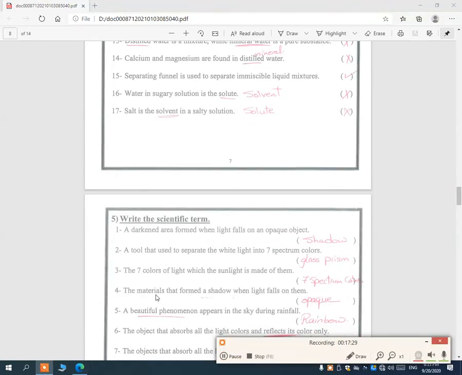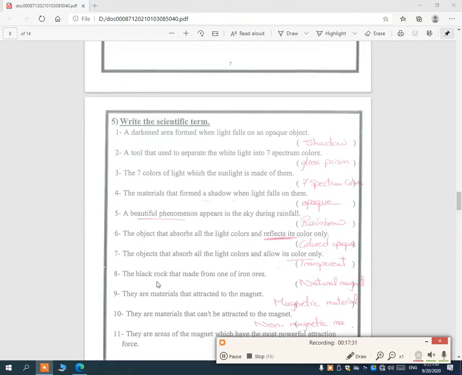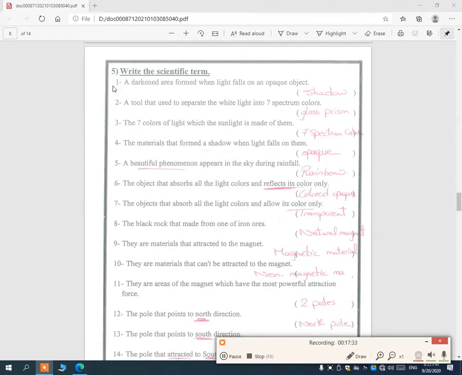Let's start the scientific terms. Number 1: A darkened area formed when light falls on an opaque object. What is it? Shadow. Number 2: What is the tool used to separate white light into 7 spectrum colors?